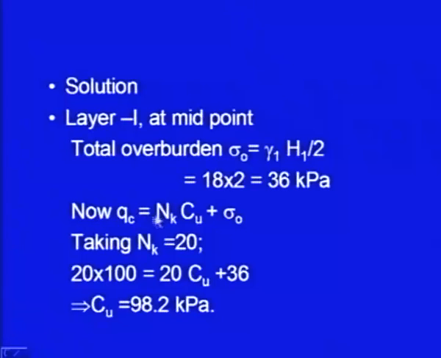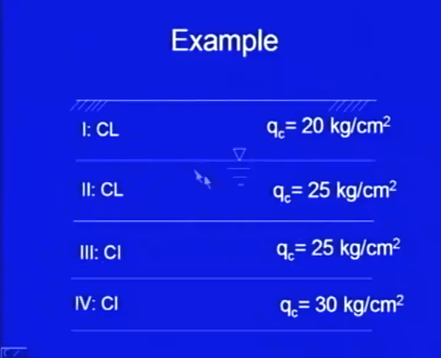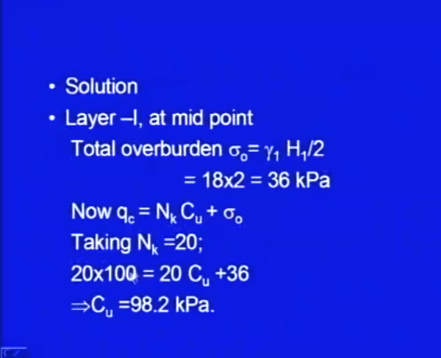Now, use this relationship, QC is equal to Nk into Cu plus sigma 0, Nk is 20, and QC in this case was 20 kg per centimeter square. Convert it into kPa. So, 20 into 100 is equal to 20 Cu plus sigma 0, from where you can work out the value of the undrained cohesion Cu.